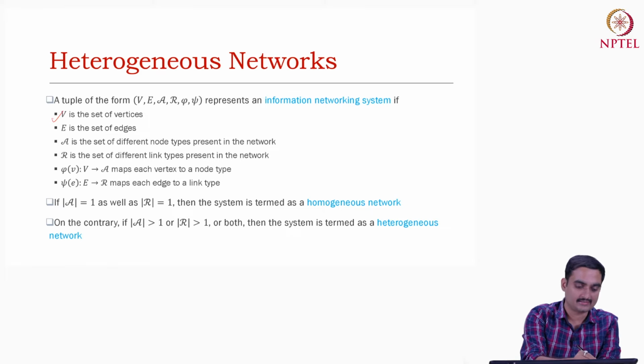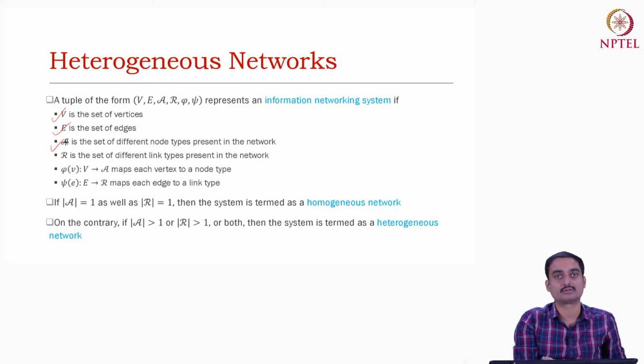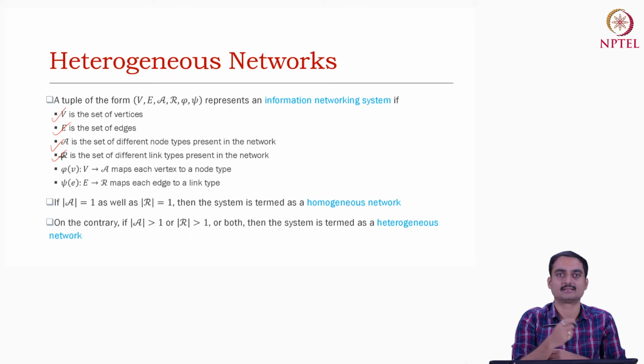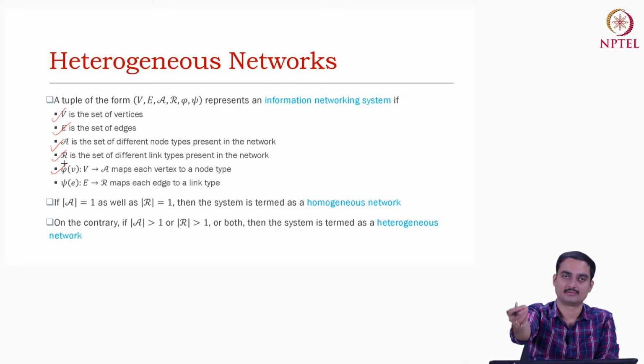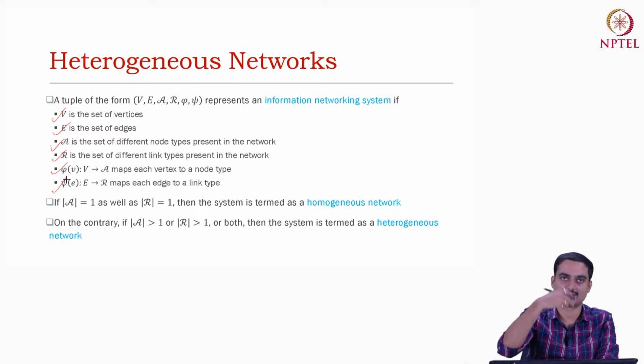So V is the set of nodes, E is the set of edges, right? A is the set of different node types. It can be papers, authors. R is the set of edge types, citations, co-authorship, and so on. And then you have a mapping which maps a node to a node type, and there is a mapping which maps an edge to an edge type.